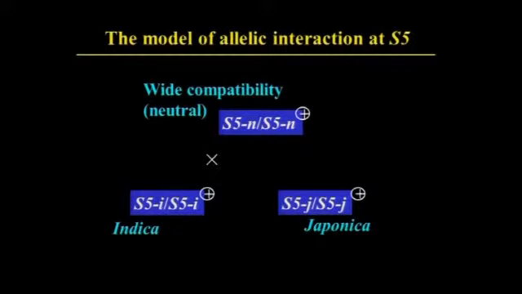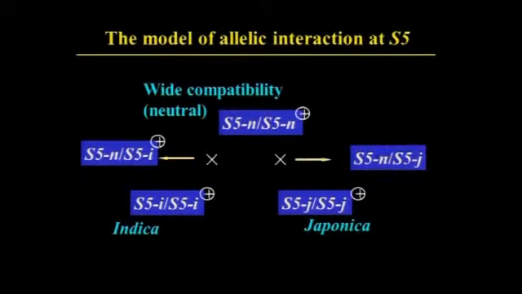If we make a cross between indica and wide compatibility, they are fine, and the hybrid is fertile. And if we make a cross between japonica and wide compatibility, the progenies are also fertile. Only if you make a cross between indica and japonica do we have a hybrid showing very low fertility.